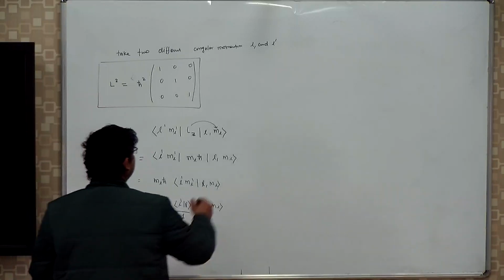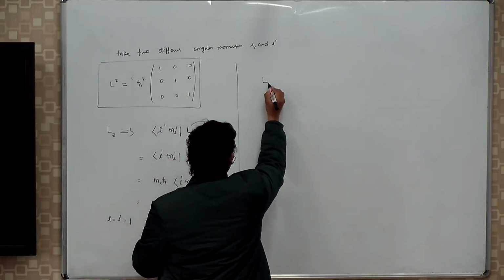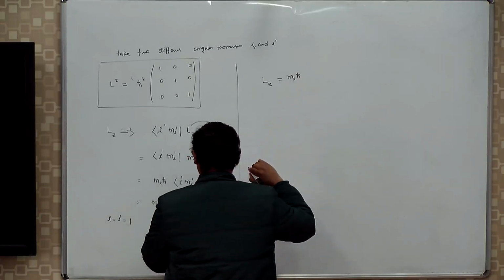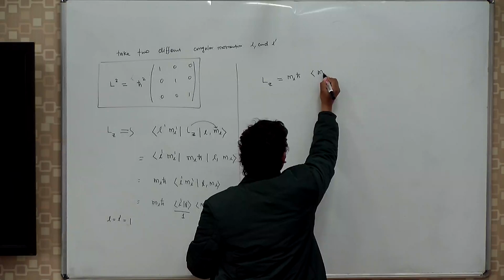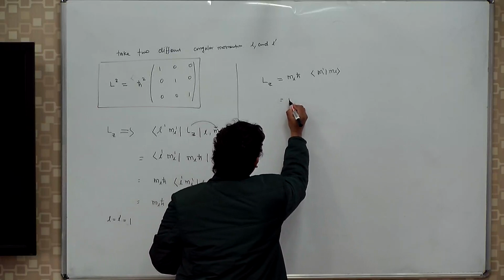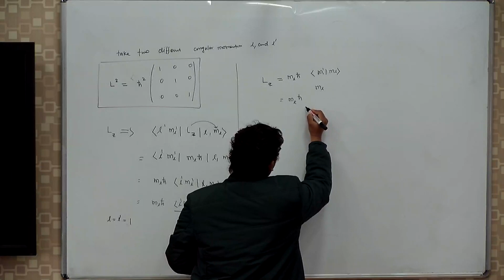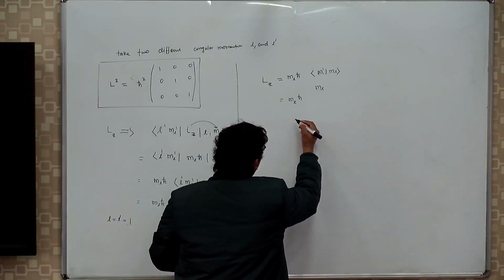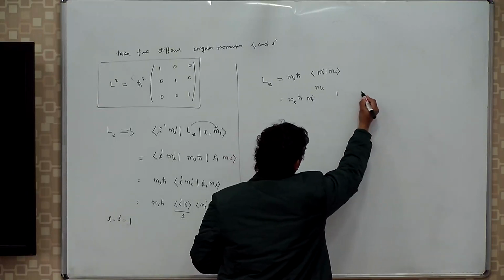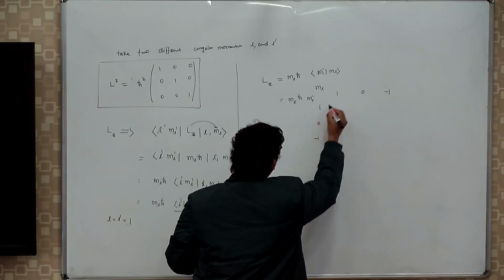For writing the matrix representation of Lz, it is further simplified as m_l ħ ⟨m_l'|m_l⟩. So m_l ħ, take m_l in the row and m_l dash in the column, with the values 1, 0, minus 1, again 1, 0, minus 1.